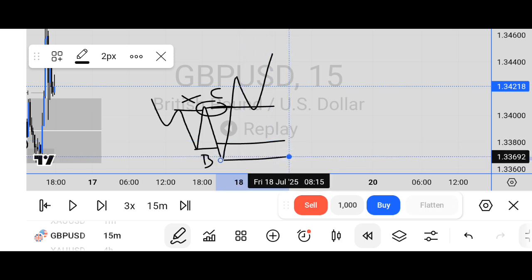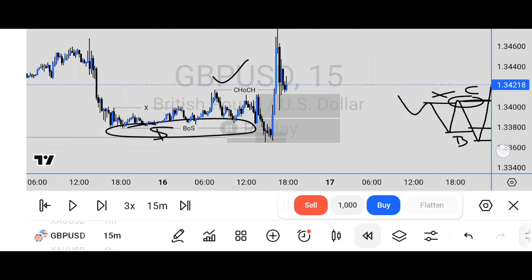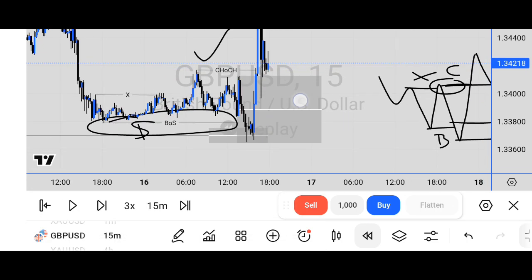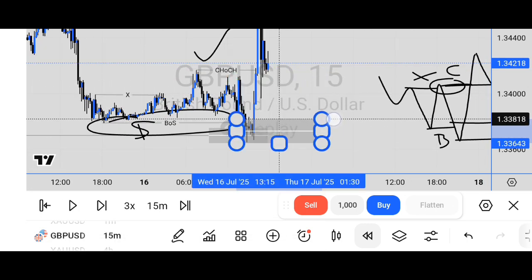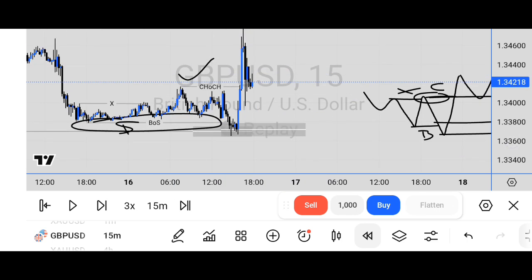Now if we go back to the chart, you can see that price tapped on the order flow, and this is our unmitigated order block right here. So let's play price forward.